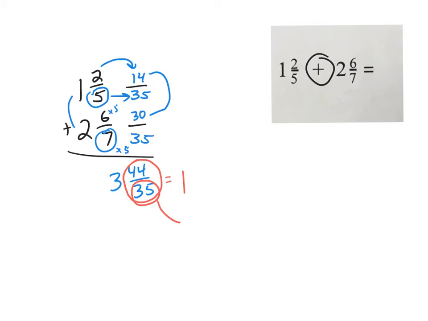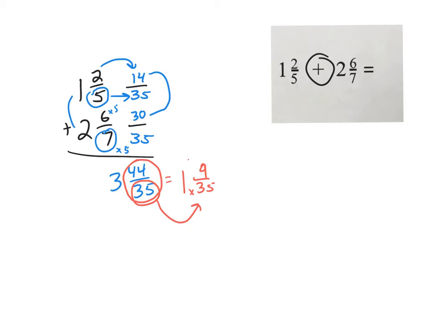We keep the denominator the same. So 1 times 35 is 35. And what would we add to it to get to 44? 9, because 35 plus 9 is 44.